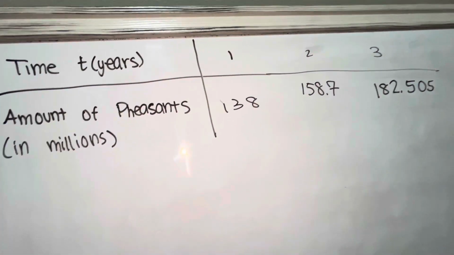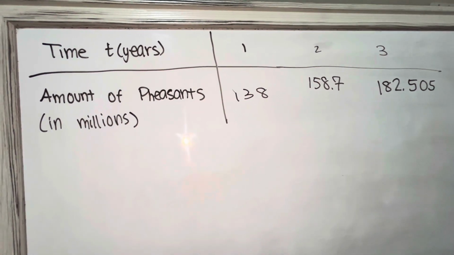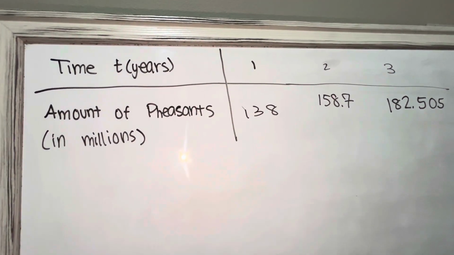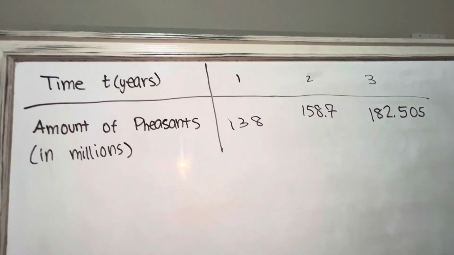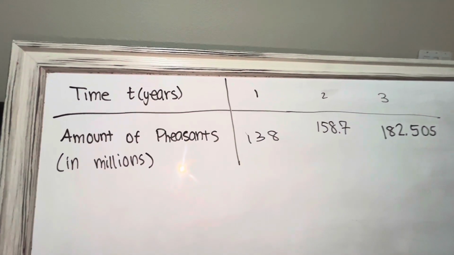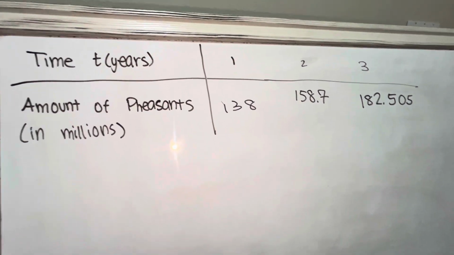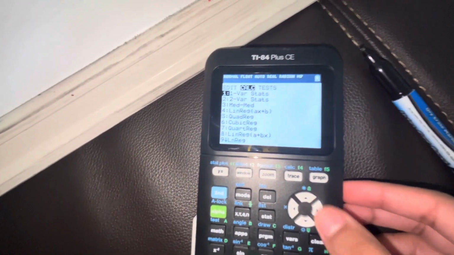Now, because they said this is going to grow exponentially, we're going to have to try to find the exponential growth on this. So on the calculator, we're going to go back to stat, then go on calc.